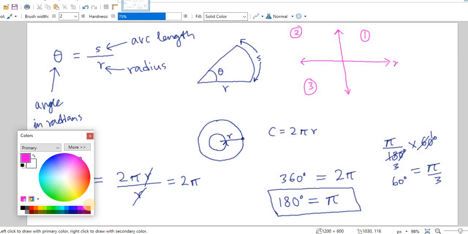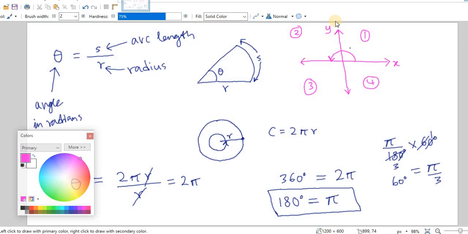So here this is the x-axis, this is the y-axis, and here you have the fourth quadrant, which is bounded by the negative y-axis and the positive x-axis, this region here. So if you consider an angle from here all the way around, that is 2 pi radians, which is 360 degrees.